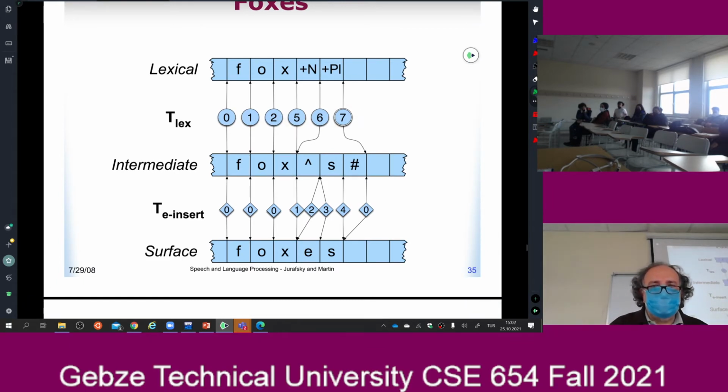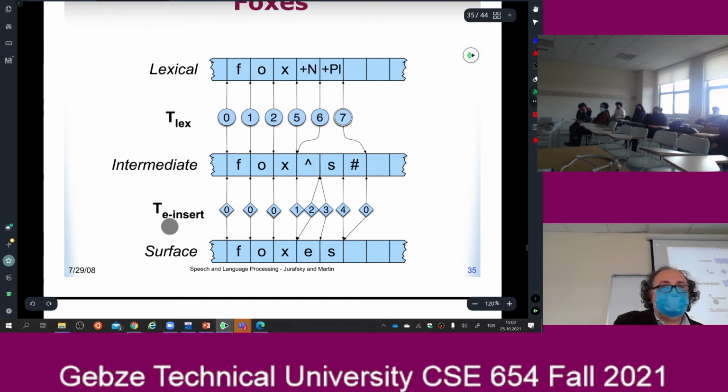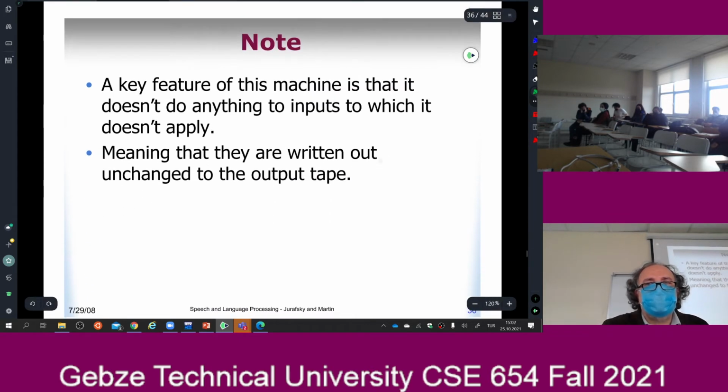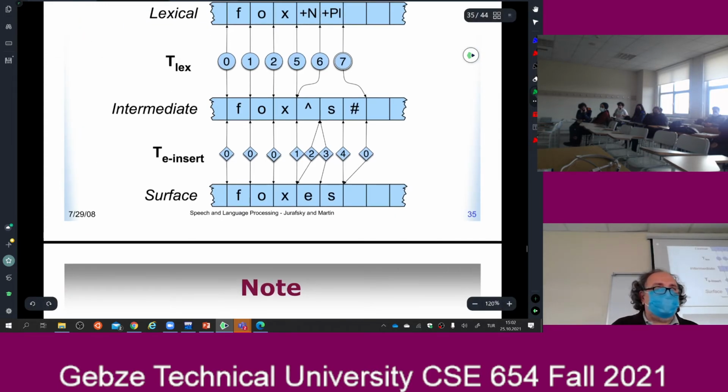That's it. The nice thing about this structure is that this E insert transducer is just one finite state transducer, and I can insert many of them in here with each new rule. It doesn't do anything to inputs which it doesn't apply to. If this E insert doesn't apply, it just rejects it, and we don't produce anything.